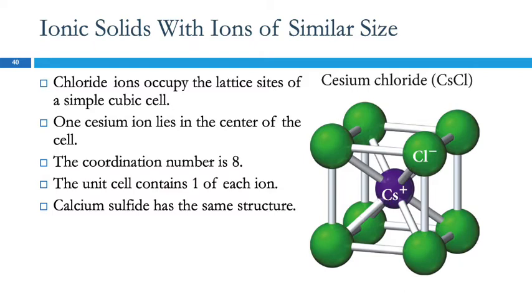So how's the coordination number there 8 and not 6? Well, because we're not counting these guys being next to each other, we're counting cesium atom being next to the chloride ion.